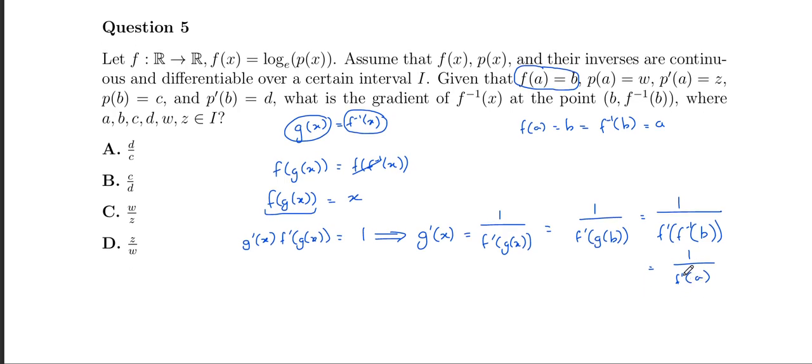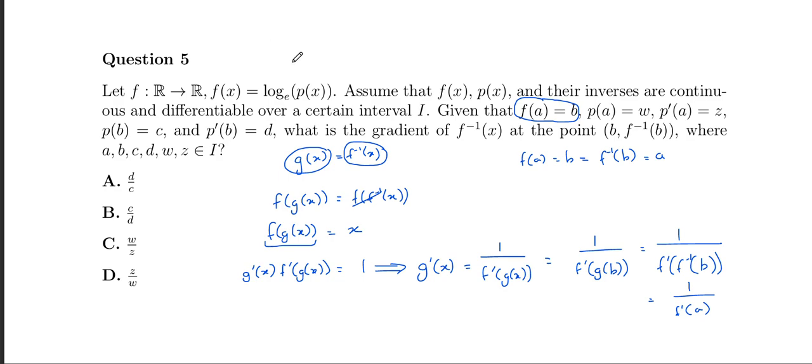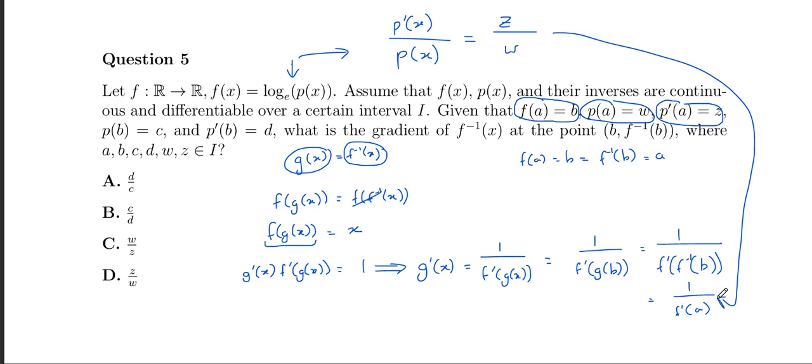And then to find the derivative of f, we just have to differentiate this, which gives us the derivative of p over p. So when we substitute a, derivative of p of a is going to be z, and then p of a is w. But then we need to find the reciprocal of this because it's a 1 over, so it's going to be w over z, which is c.